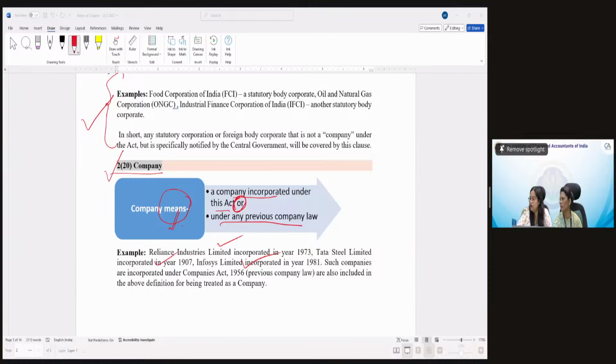What is not clear? Okay, clear. Very good. Yes, a company incorporated inside India is a body corporate. Incorporated outside India is a body corporate. Yes, because the term used is includes.